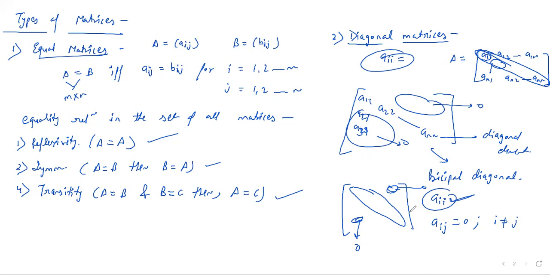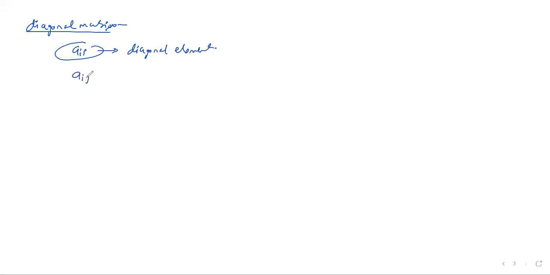So a diagonal matrix has Aii, which are called diagonal elements, and Aij equal to 0 for all i not equal to j.